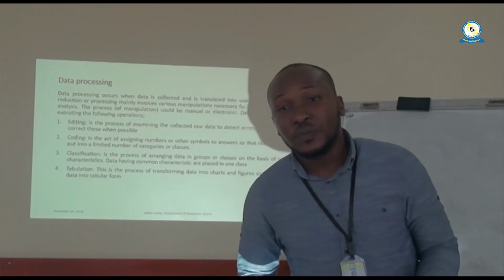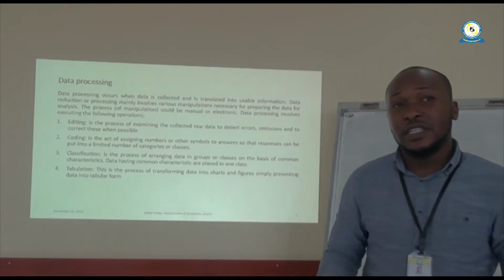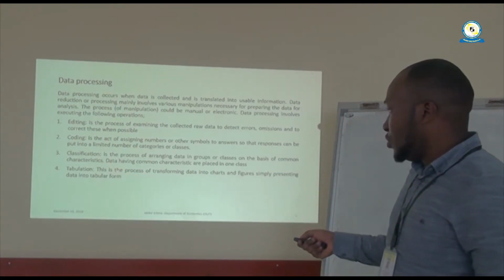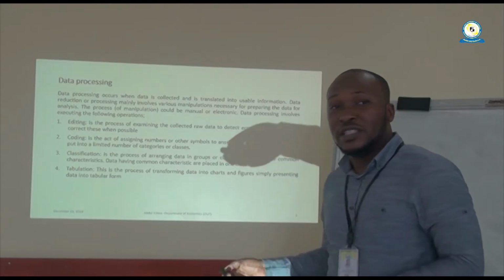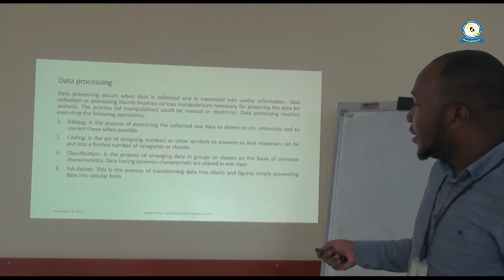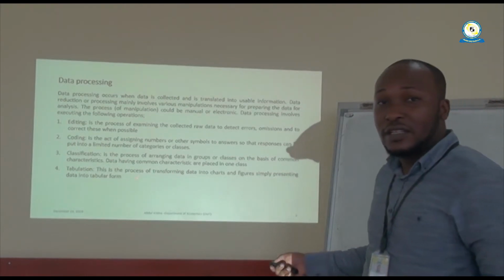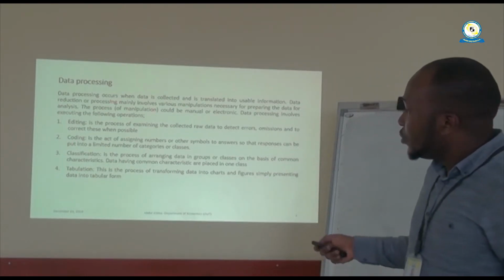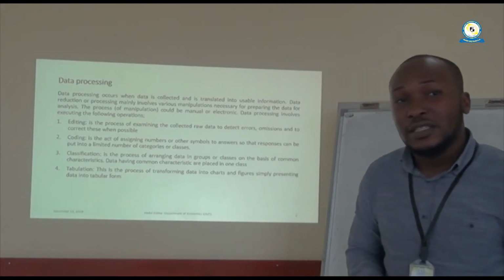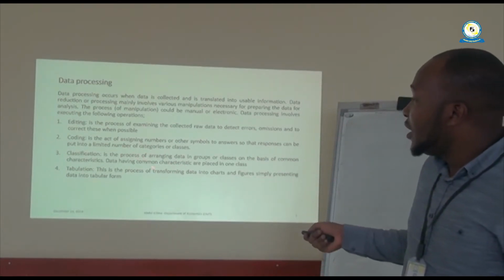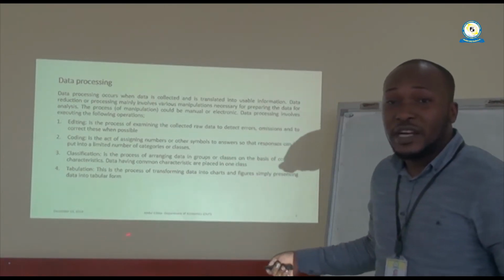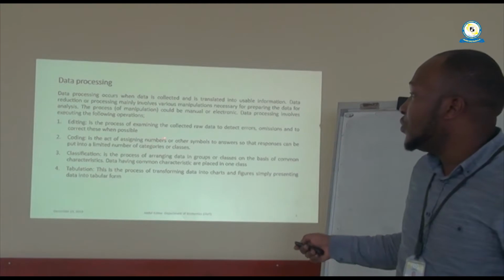For example, in case of age, 0 to 10 or 12 years is a child, a boy or a girl, then adolescence, a youth, to mature or old age. You categorize your data in that way. Or education level, from 1 up to 4, from 4 up to 6, graduate, postgraduate, undergraduate. That's how we do coding.